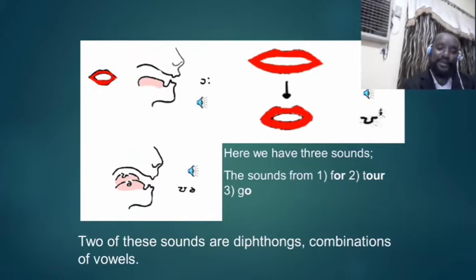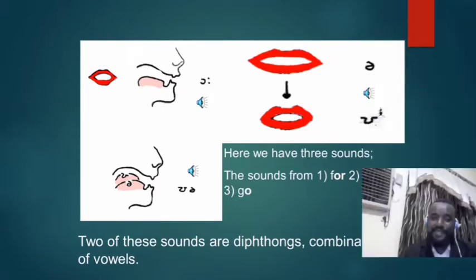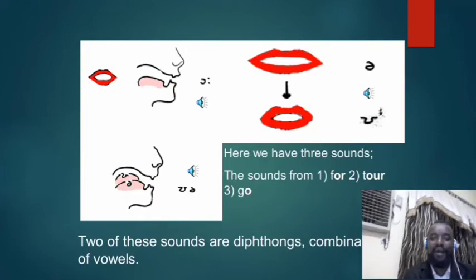So what about this? It's called the diphthong sound. We would like to use this symbol, and this symbol consists of two sounds, O and schwa. This is called a diphthong sound. Here we have the three sounds, actually, the sound for any one of these symbols.